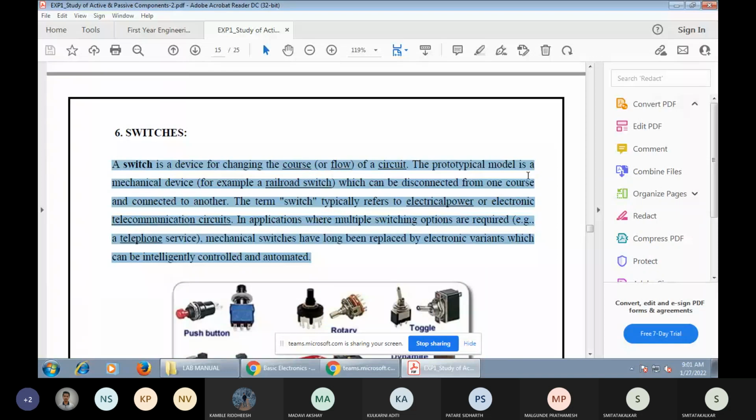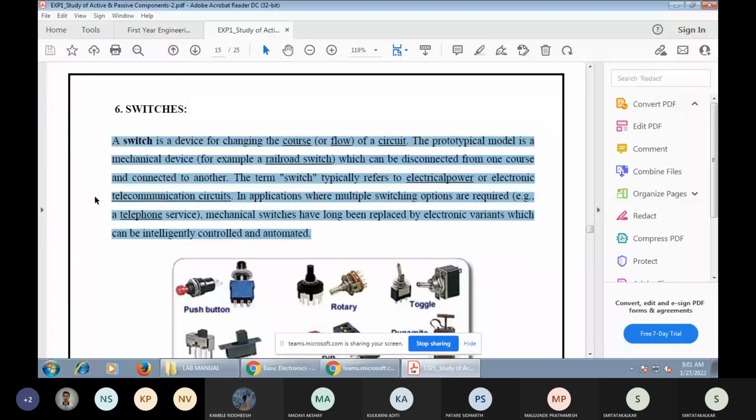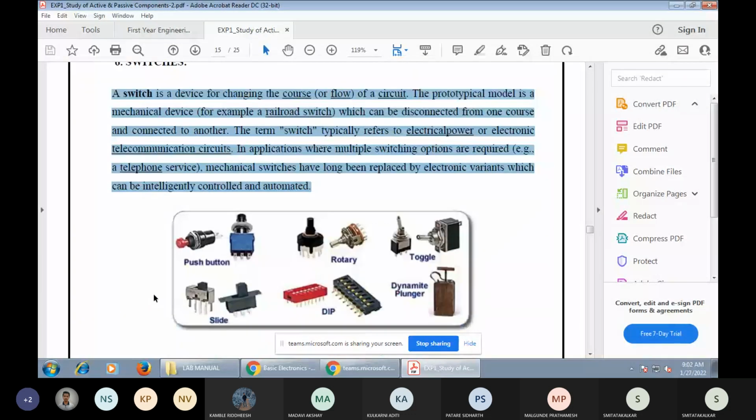A switch is a device for changing the source. It is also a mechanical device, for example, a railroad switch. This type of dynamic plugger you can use for the rail.